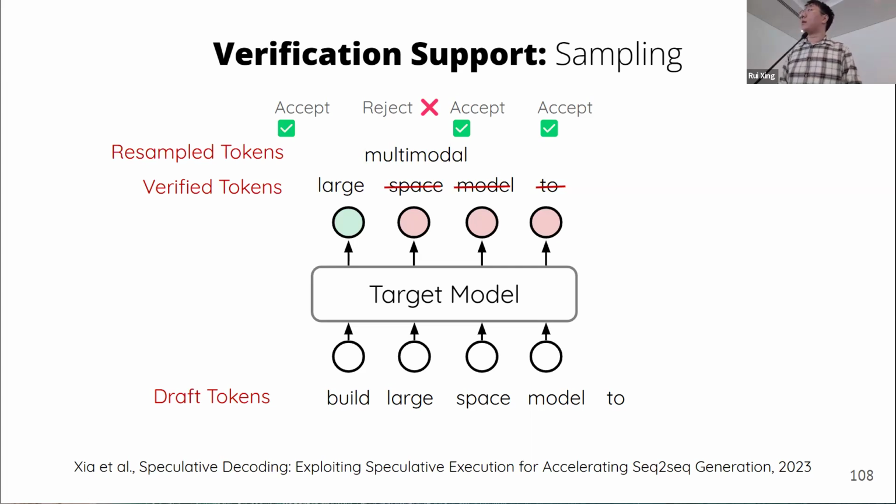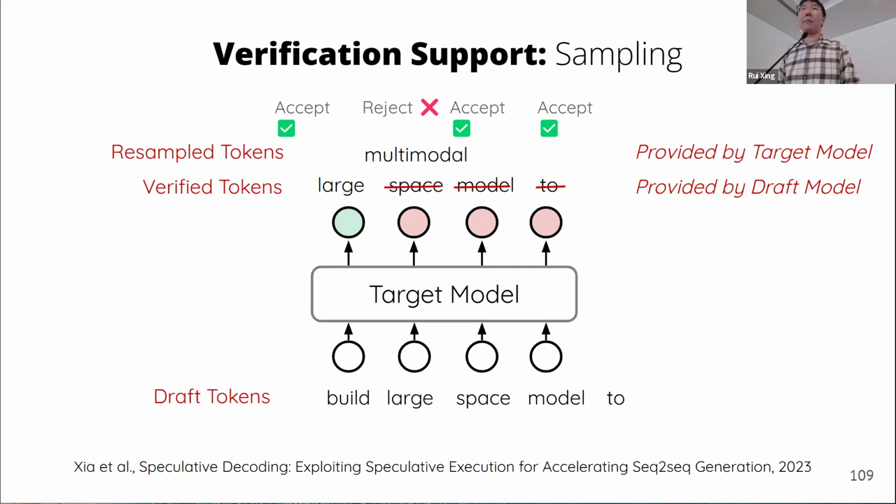So if we translate the tokens into a sentence, it's "build a large multimodal." So it's not the top one, but it's a sampling result, so it's reasonable. The verified token provided by the draft is only the first token, and the resampled token is provided by the target model itself by sampling on an adjusted distribution.